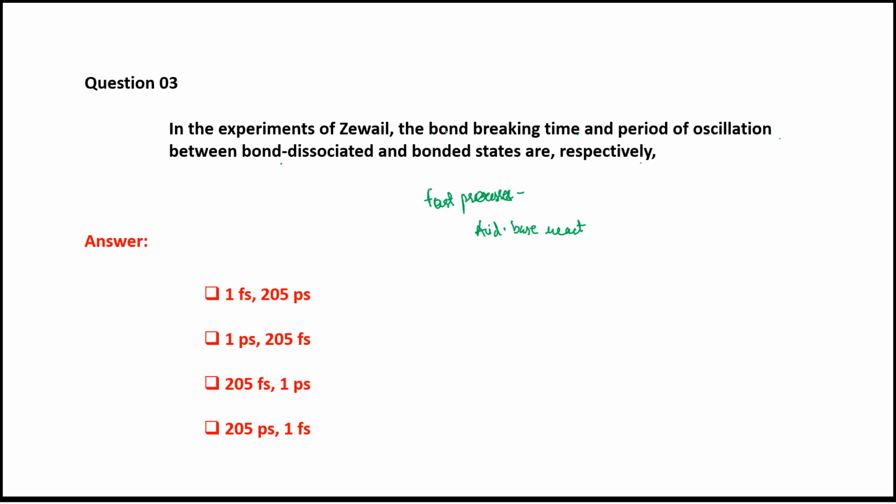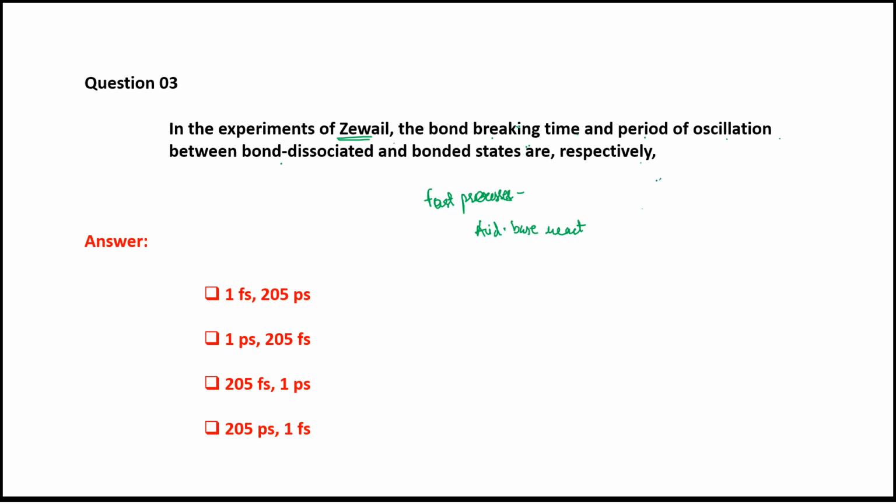So, in the experiments of Zewail, the bond breaking time and the period of oscillation between bond dissociated and bonded states are respectively. Basically, in the Zewail experiments, a study was done on the simplest molecule: how much time it takes for the bond to break, and what the period of oscillation is between the dissociated and the bonded state.